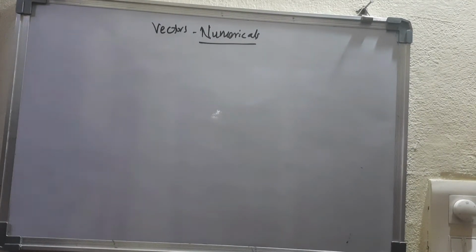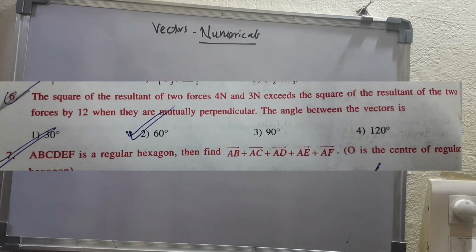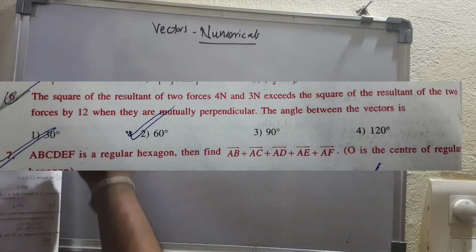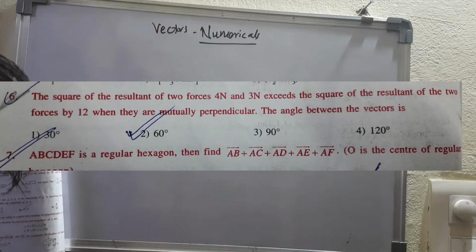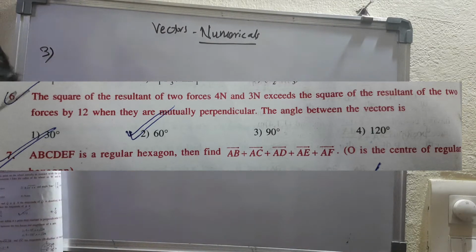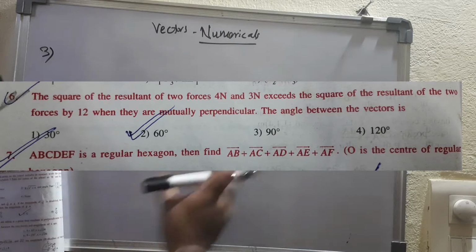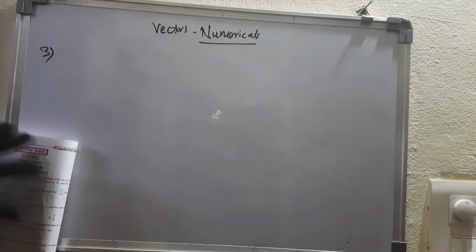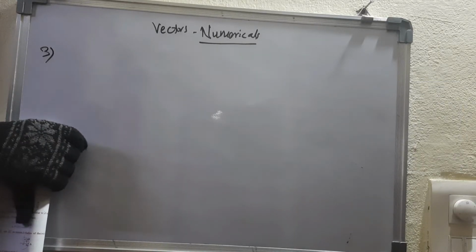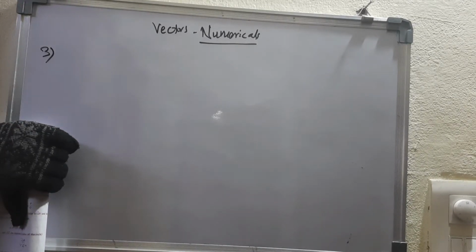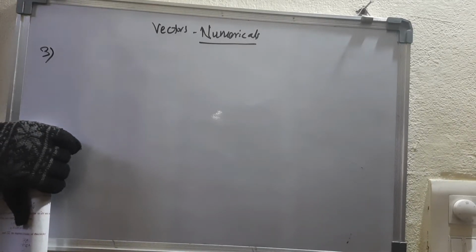Now going to the third question, take a look at it. I'll be reading from my book and I'll write the question here. The third question: the square of the resultant of two forces 4N and 3N exceeds the square of the resultant of the two forces by 12 when they are mutually perpendicular.